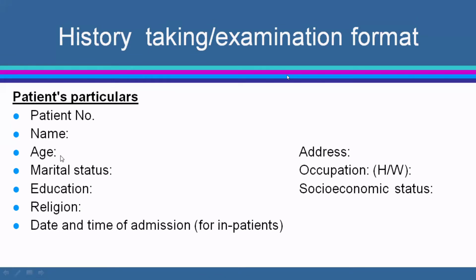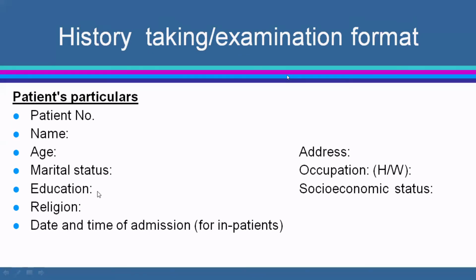And age is important because the disease pattern varies according to the age. In gynae especially, if she is very young, her disease pattern is different from the reproductive age group and from the postmenopausal or older age group. So age is very important. Marital status: whether she is married, widowed, divorced, separated, or single.